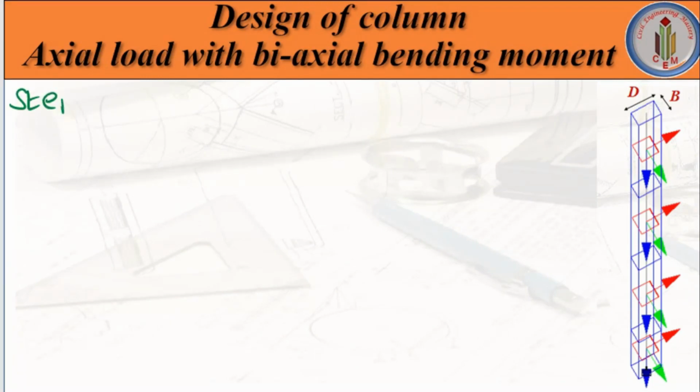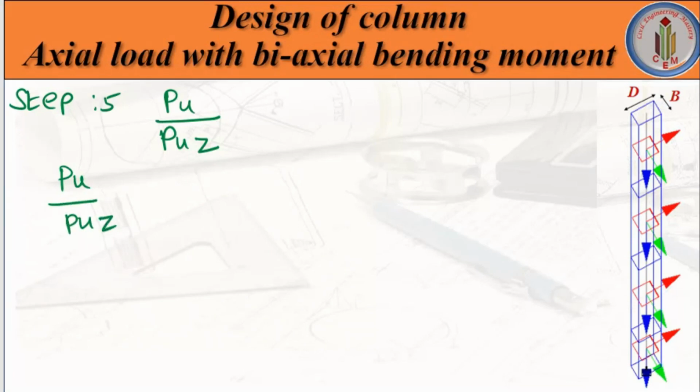Next, step number 5. In this step we need to find out PU by PUZ. We know PU is 402 kilonewton, and PUZ we have calculated as 1333 kilonewton. By solving this we get the value 0.301.